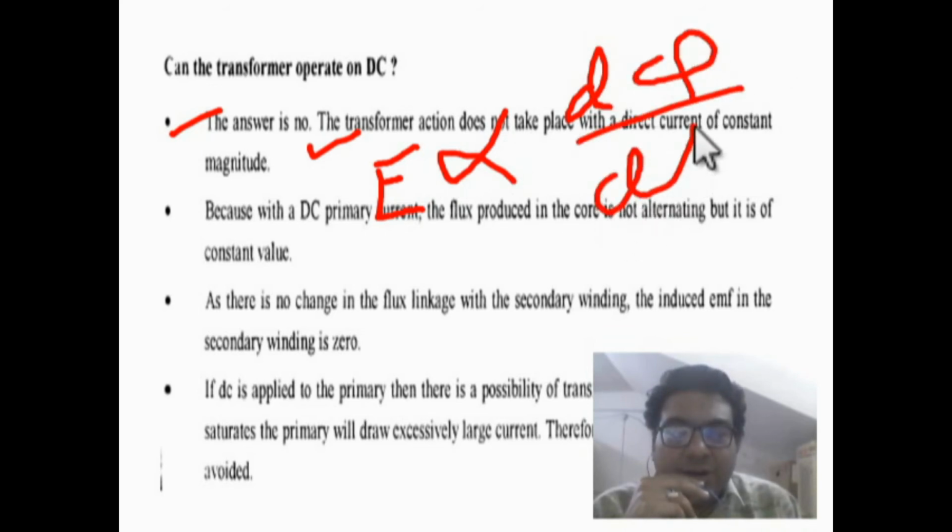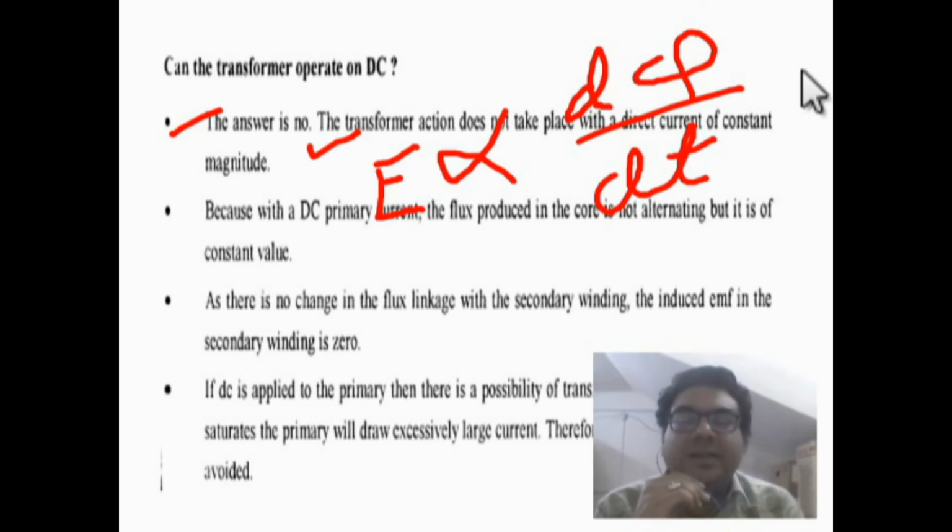This is called alternating flux, d phi by dt, the change of flux with respect to time. So guys, in case of AC supply, it is changing because an alternating or changing current is flowing in the circuit. Therefore, changing flux will be produced, and the rate of change of flux induces EMF. So this is the condition for induction of EMF.